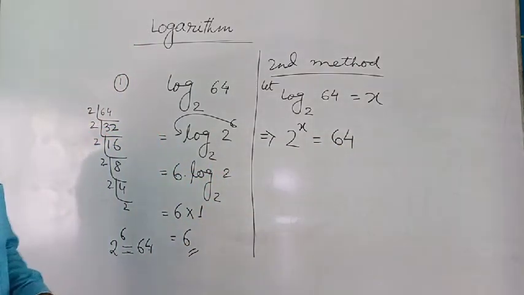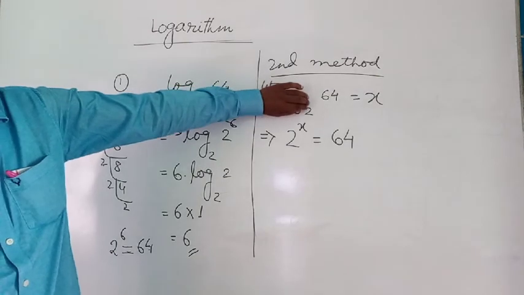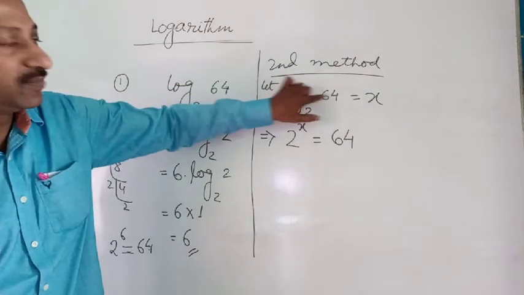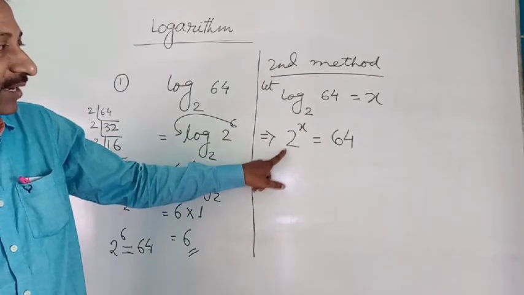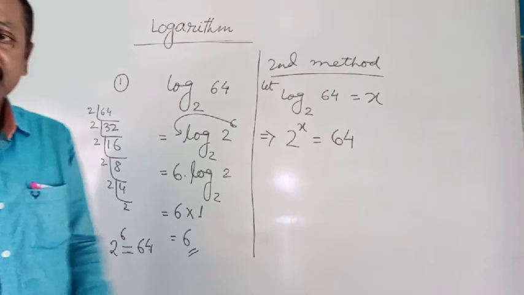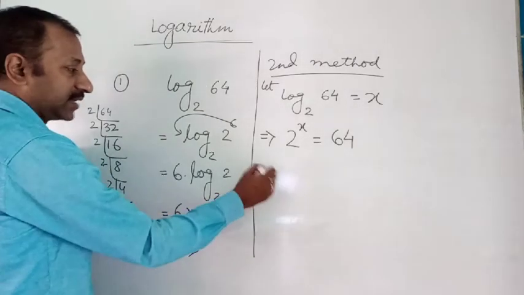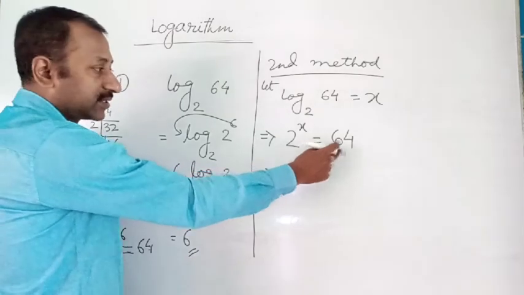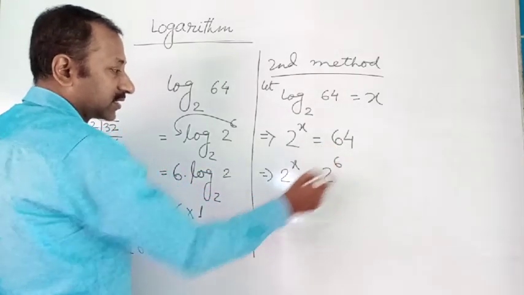I told you earlier that if you remove the log, then the 64 and x are interchanged, so the base stays as the base: 2 to the power x equals 64. Now 64 is 2 to the power 6.